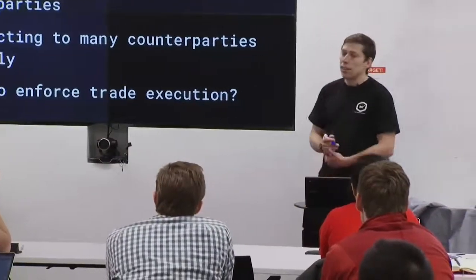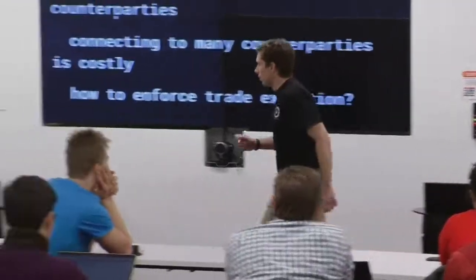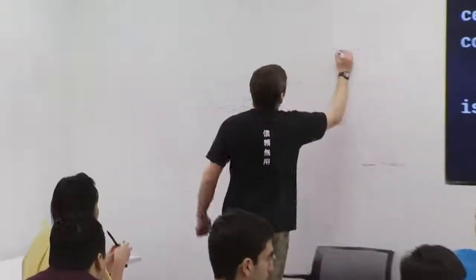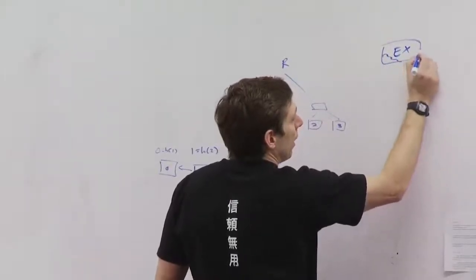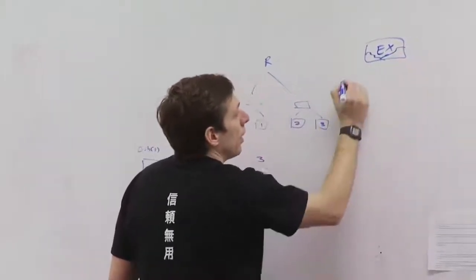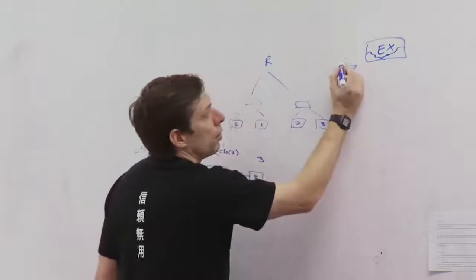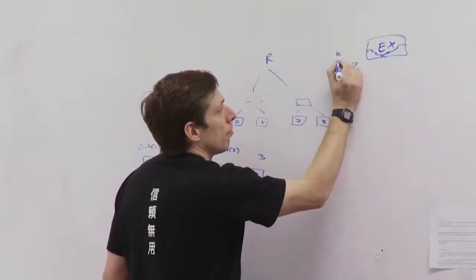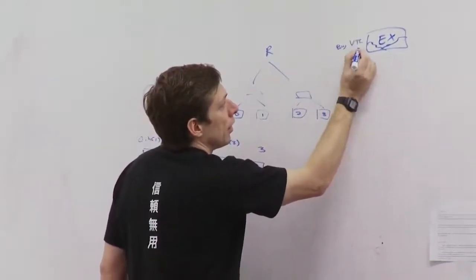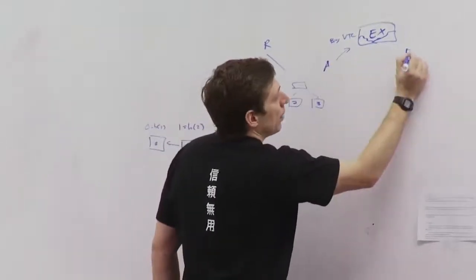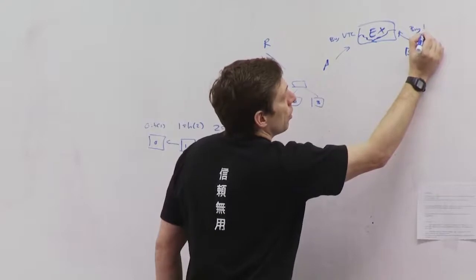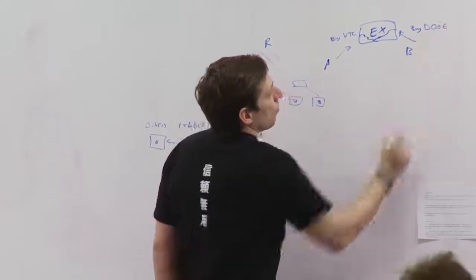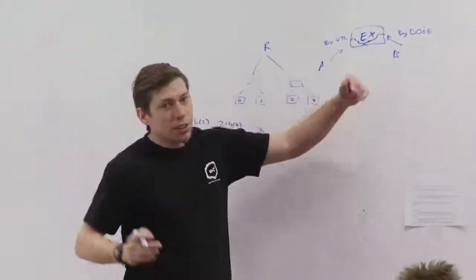So the example is Alice goes to a server, right? So you have an exchange, but this exchange is only the order book, right? So there's little buy and sell kind of things. And then Alice says, okay, I want to buy VTC. Bob says, okay, I want to buy Dogecoin. Then the exchange says, oh, you guys crossed, right?